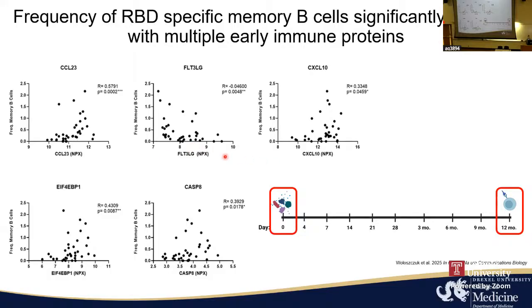Overall, pro-inflammatory cytokines and chemokines such as CCL23 and CXCL10 are positively correlated with the frequencies of memory B cells. We also see a negative correlation with FLT3 ligand, a ligand found on dendritic cells that is mainly upregulated for DC maturation and differentiation.